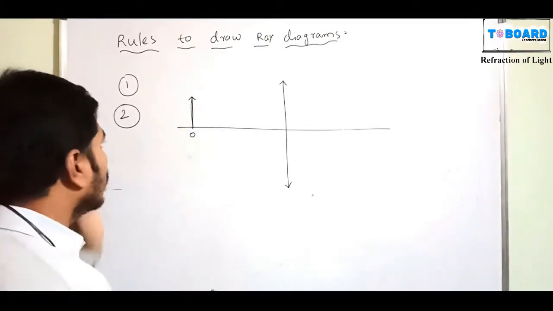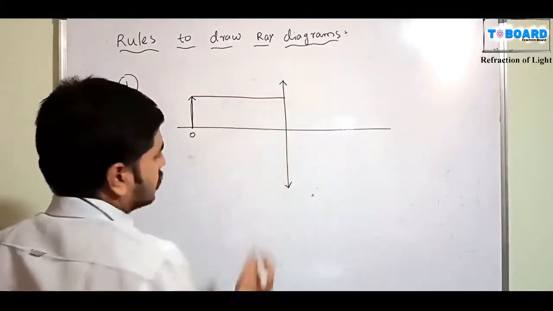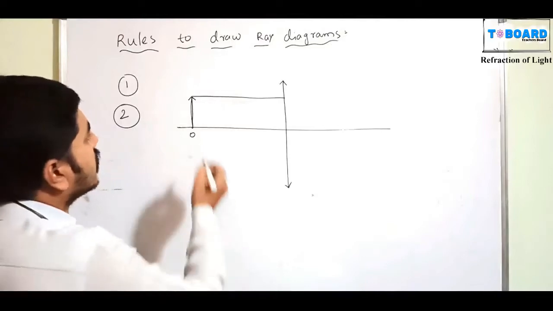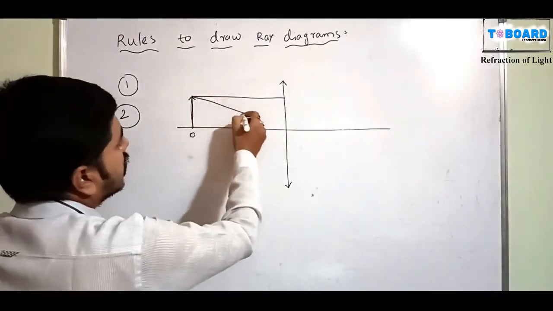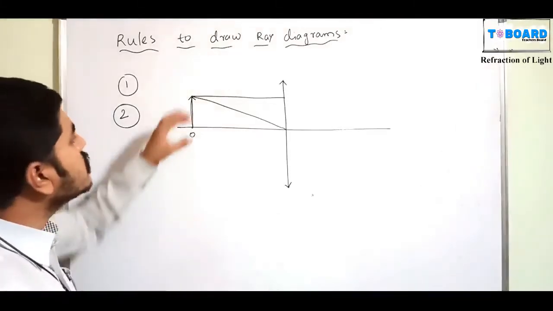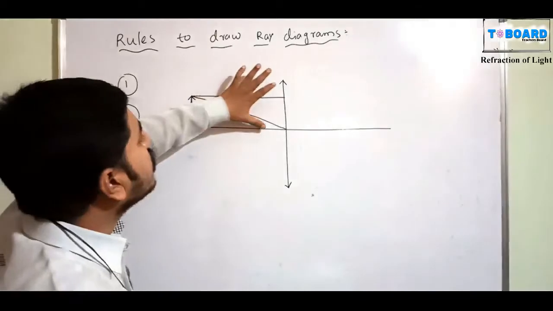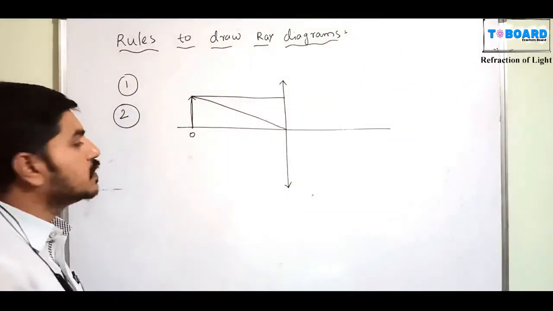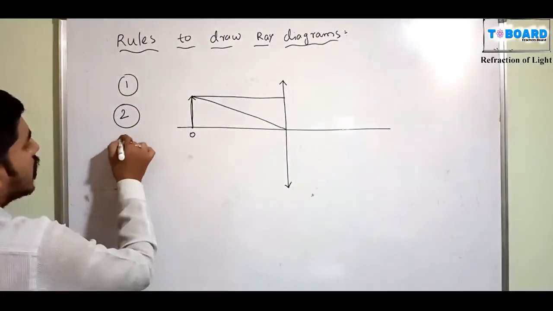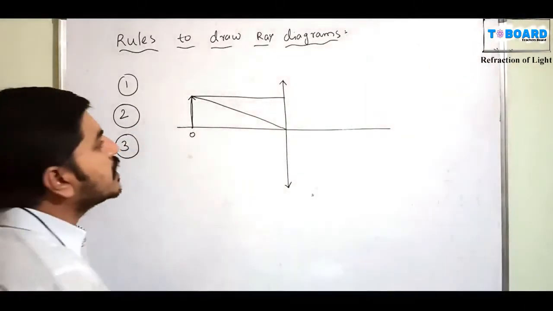For example, this is the first ray, and another, the second ray, is just here. At least two rays from the object. Then the third condition: after refraction, extend the rays.